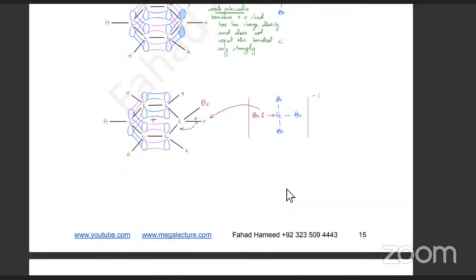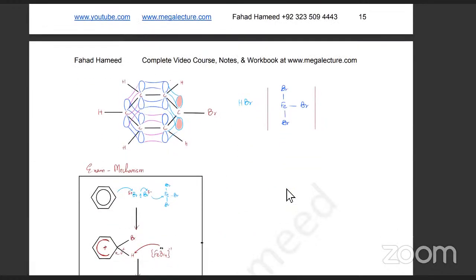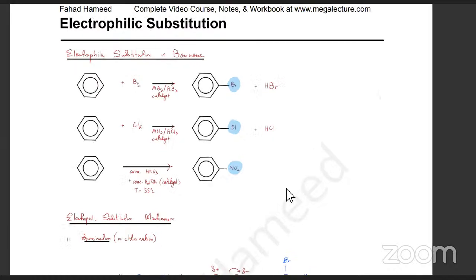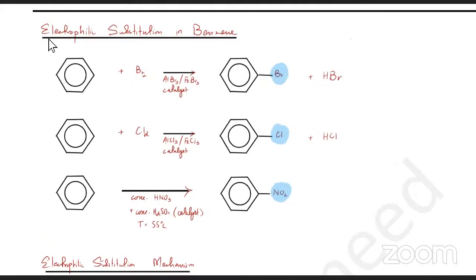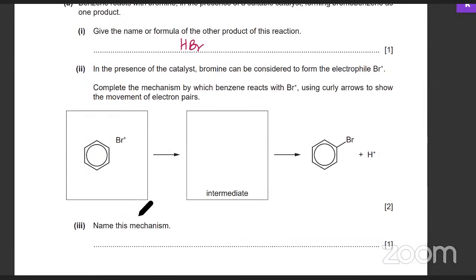Okay, bromination of benzene. AlBr3 is the catalyst in this reaction. You're being asked to draw the mechanism. The mechanism is that the Br+ gets attracted to the benzene, and the Br then bonds with one of the carbon atoms.